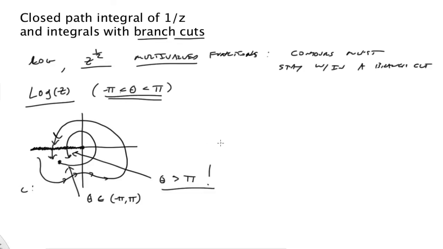So let's go to the classic example of how this works, which is to take a path integral over c involving a function z to the a minus 1 dz, where a is non-zero. For now, we're going to say it's non-zero, and we're going to take a to be a real number.